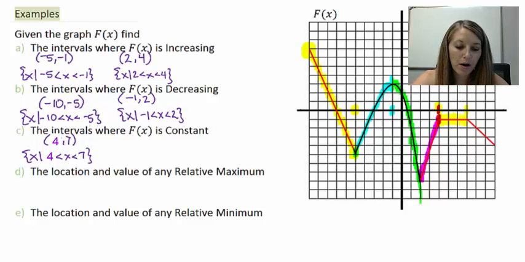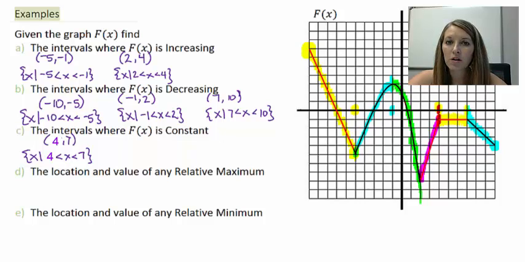And my last part of the graph is going down, starting at 7 and ending here. Since there's no arrow at the end, I'm going to assume it ends right there. So it goes down from 7 to 10, or in set builder notation, between 7 and 10.